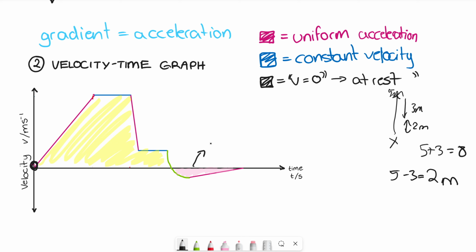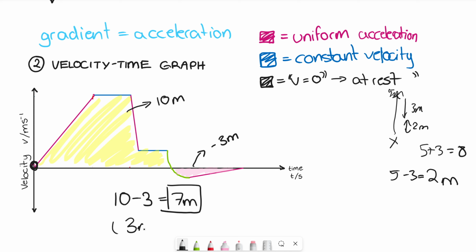Say our total area here is minus 3 meters in displacement, and our total here was 10 meters, which is positive. Our total displacement would be 10 minus 3 equals 7 meters overall. And our distance traveled, however, would be 13 meters because we do 10 plus 3. So just be mindful of that.